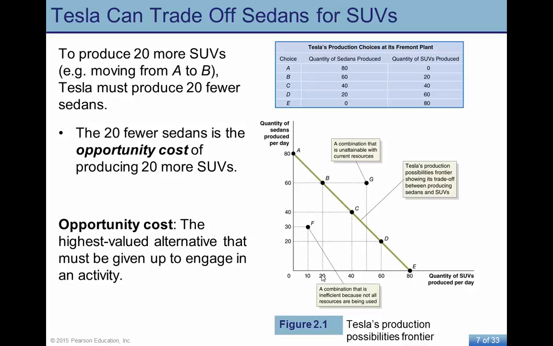The 20 fewer sedans is the opportunity cost for 20 additional SUVs. Opportunity cost is the highest valued alternative that must be given up to engage in an activity.